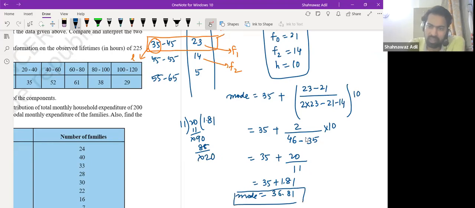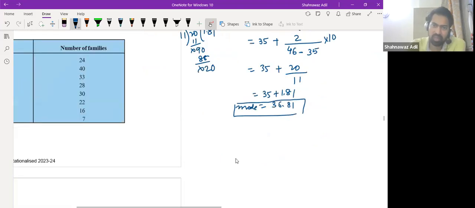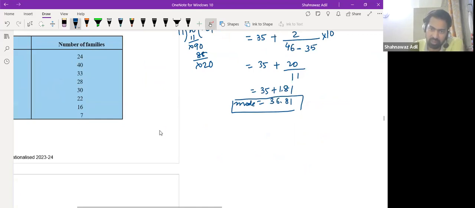Now let us come to your question. So we will simultaneously do that. So your question is that the mode is 55 and the model class is 45 to 60, right?